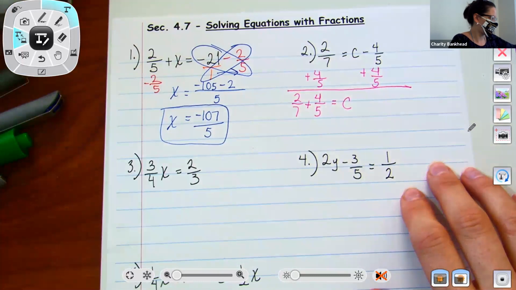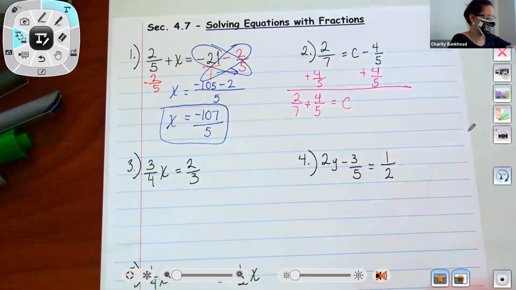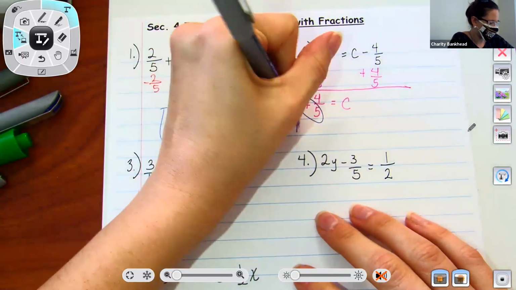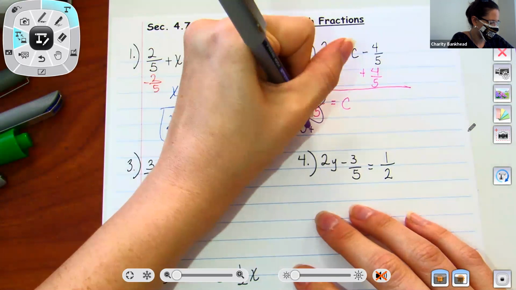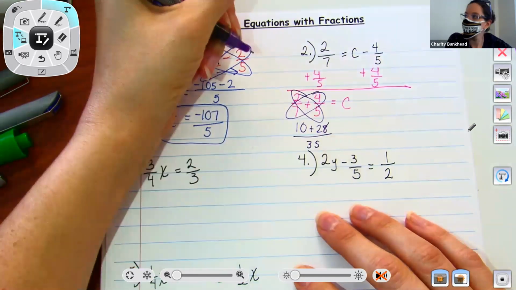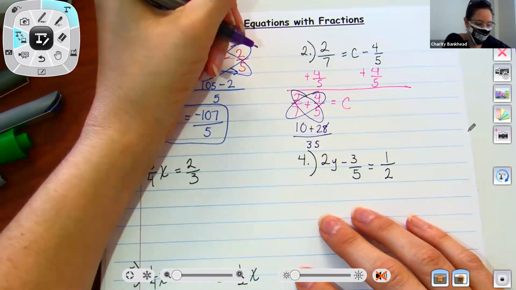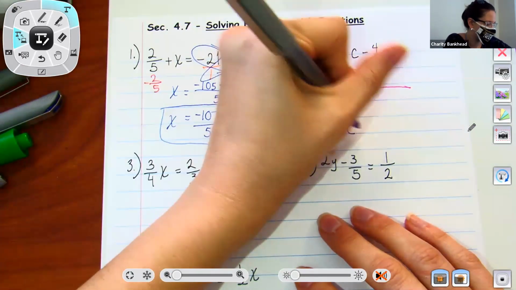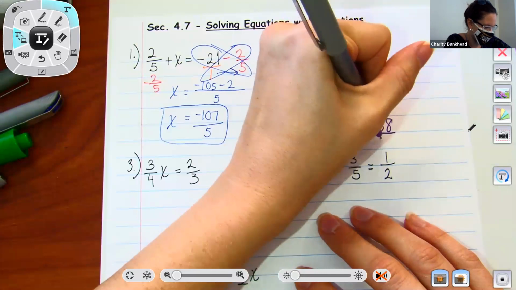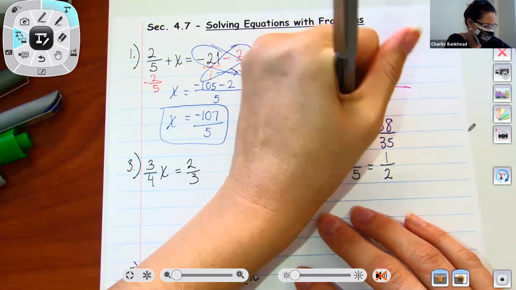And again, I would use the bow tie method. So that's 10 plus 28 over 35. So that's 38 over 35.